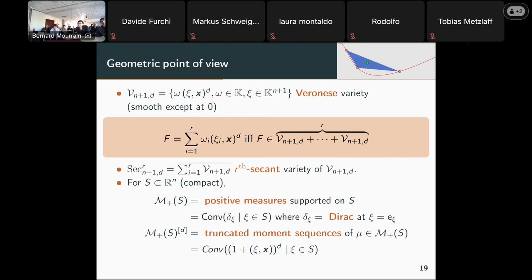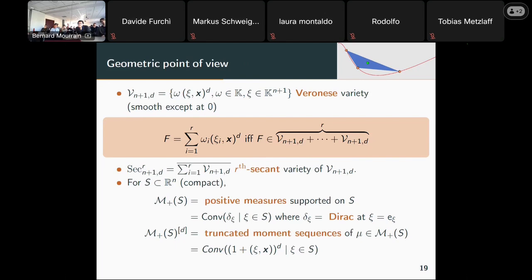This is in fact the convex hull of the Diracs for the points in S. These Diracs, as we have seen, are the same as the evaluation at the points in terms of linear functionals.